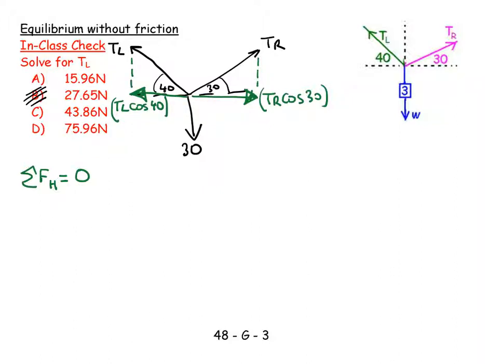And then the only thing I have to do is recognize that one side must be in a positive direction and the other side must be in a negative direction. It doesn't actually matter which way round I put the positive and the negative, as long as I'm consistent. So I say, well, plus TR cosine 30, added to, because it's a summation, minus TL cosine 40 is equal to 0.